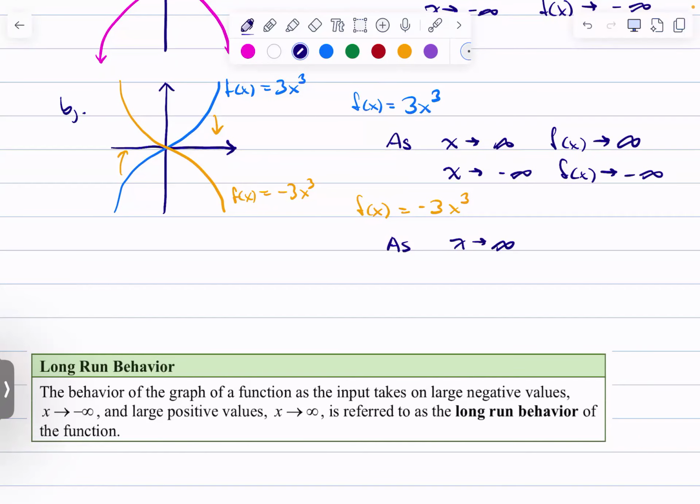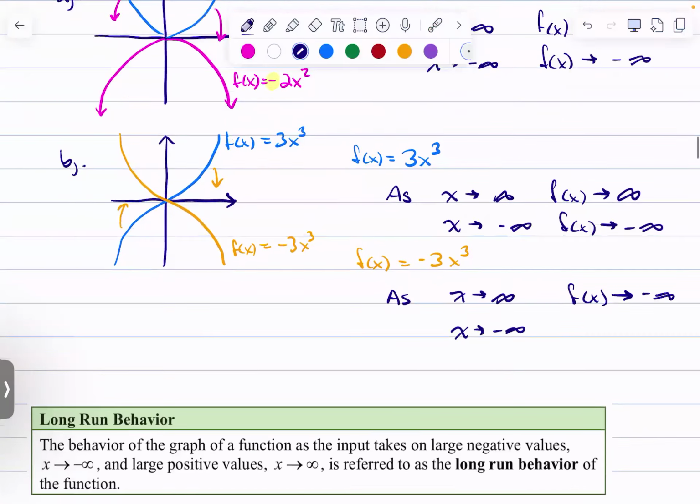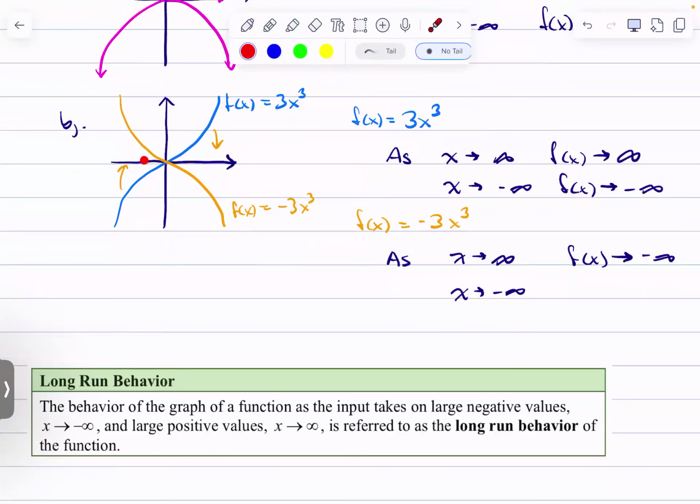As x goes to positive infinity and as x goes to negative infinity, right, having an idea of these general shapes. So as x goes to positive infinity, I'm heading down to negative infinity, right? And so f of x is going to go to negative infinity. And as I'm heading out the negative x-axis, I'm heading up to positive infinity. F of x is heading towards positive infinity.